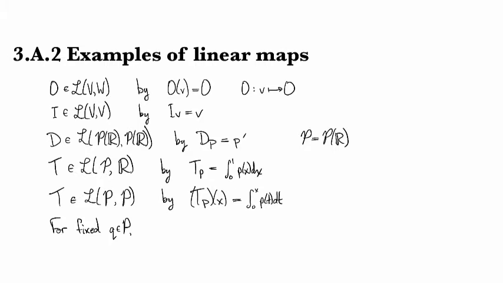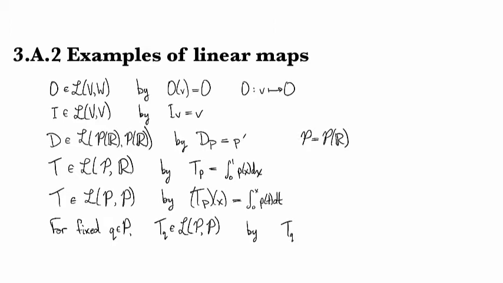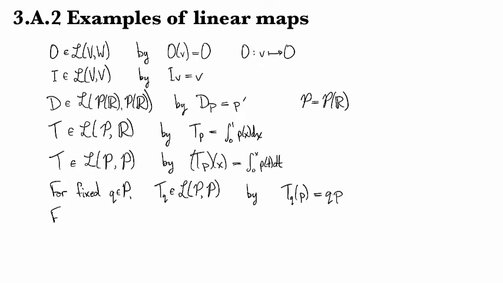So if we take a fixed polynomial Q, I'm going to call it T sub q. This is a linear map from P to P, and TQ of P is just Q times P. So it's multiplication by Q. And we can also do, for a fixed C, actually, let's do this for F. Why not?